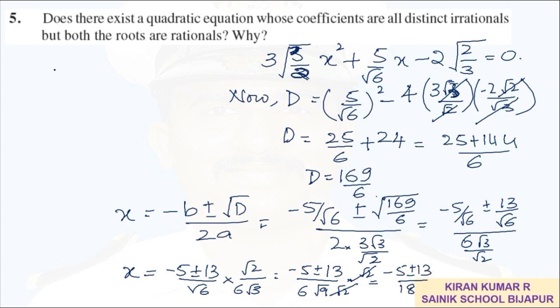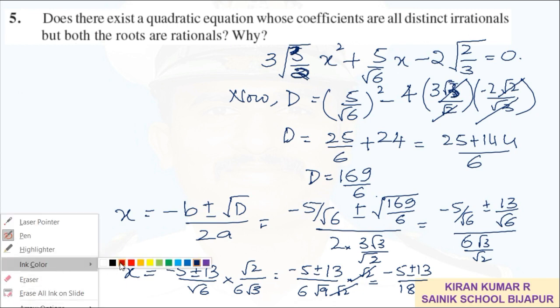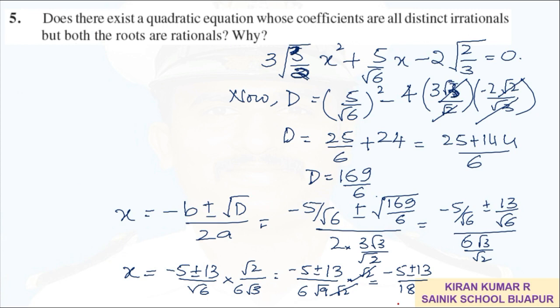Let me write it with a different color. Let me choose this color. This part I will write it here. So it's negative 5 minus 13 by 18, or negative 5 plus 13 by 18. So this is negative 1, or minus 5 plus 13 is how much?